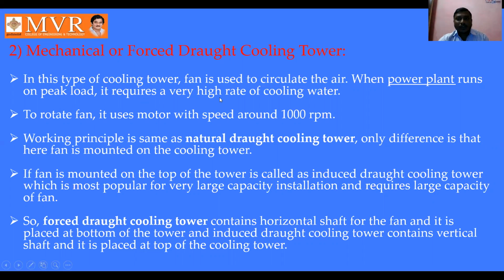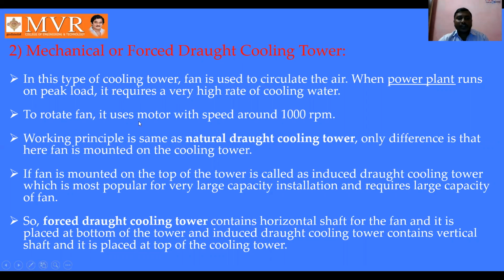When the plant runs on peak load, the temperature and pressure are raised, and we need cooling water for cooling purpose. So we are using a fan here to circulate the air.